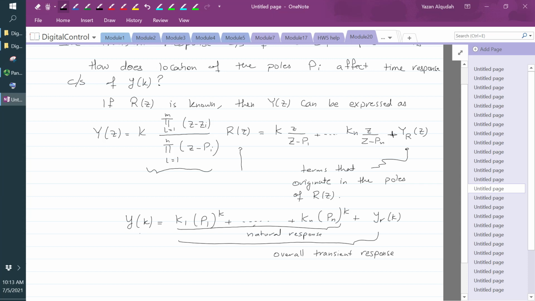Now, similar to the continuous time system, this is the natural response, the response that's coming from the poles of the system itself, irrespective of the input. And this is the response that is due to that specific input that you're applying. Altogether, they give me the transient response, the response of the system to that input.